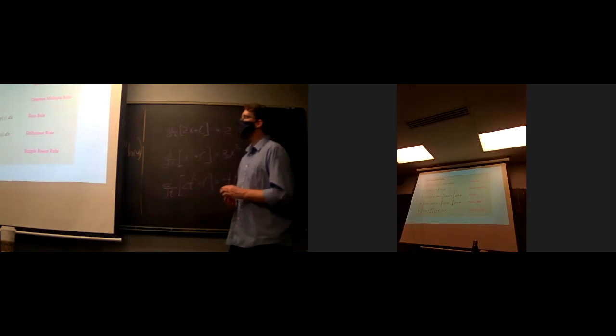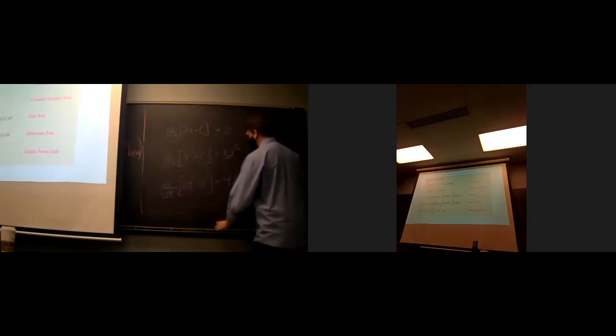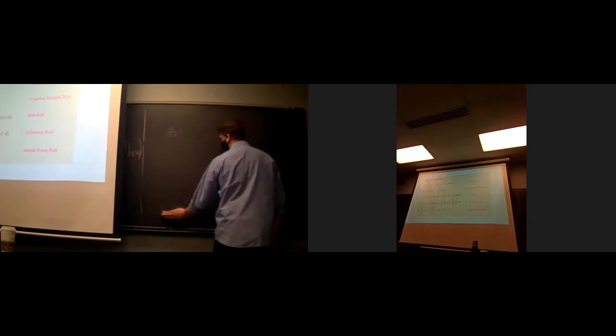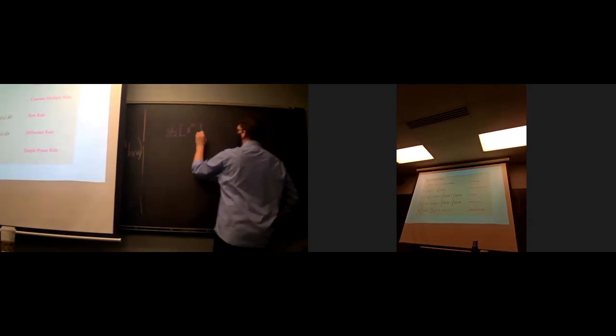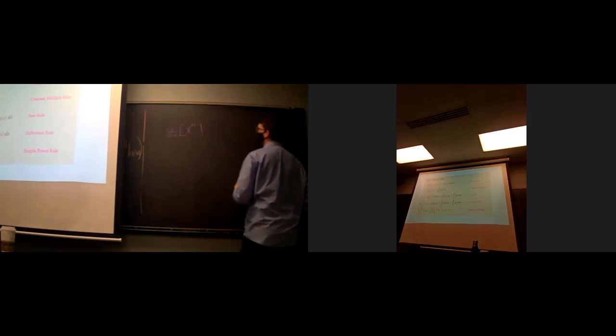And then we have what's called the simple power rule, which is really just the opposite of the power rule of derivatives, right? In the beginning of the semester, we had learned that the derivative of x to the n is equal to n times x to the n minus 1.